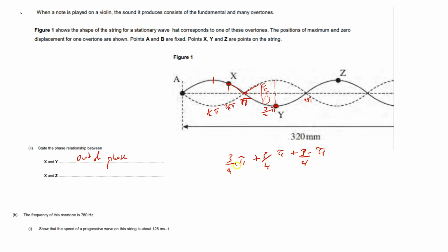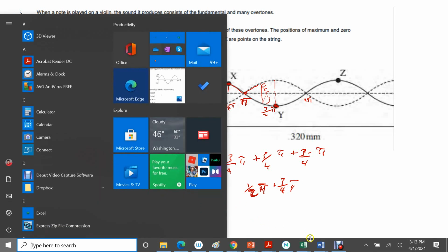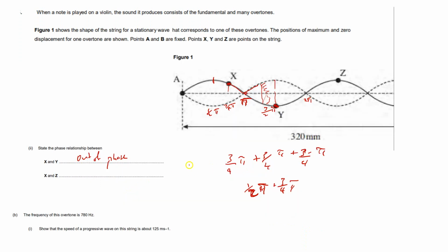So far, if we were to add these up, from here to here would be half a wavelength, I mean half of pi plus 3 upon 4 pi. So we could add these together to see how much the wave is out of phase by.